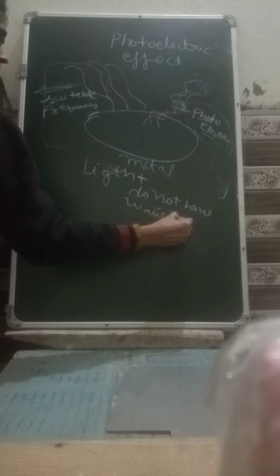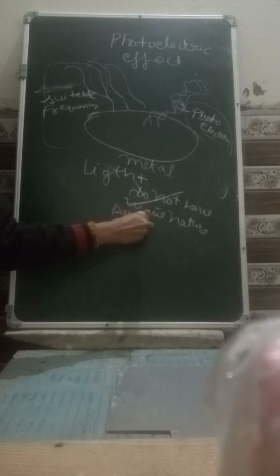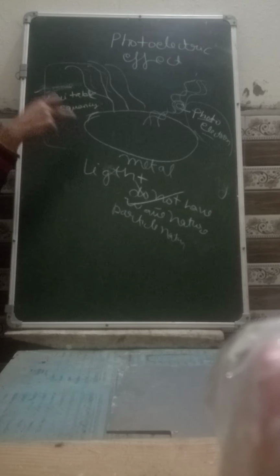The only answer to this question was that here light does not have wave nature. Instead of it, what does it have? Particle nature. Because removal of any particle from its surface can only be possible if we bombard it with other particles.